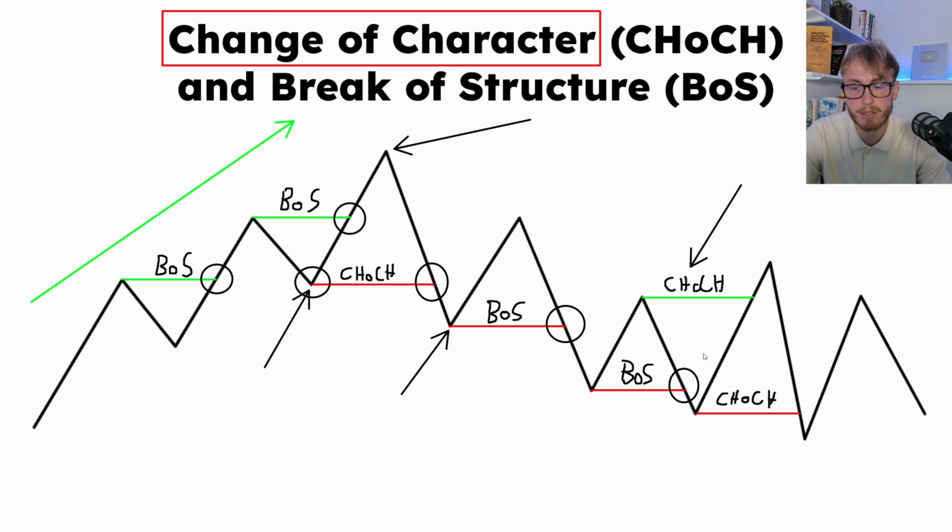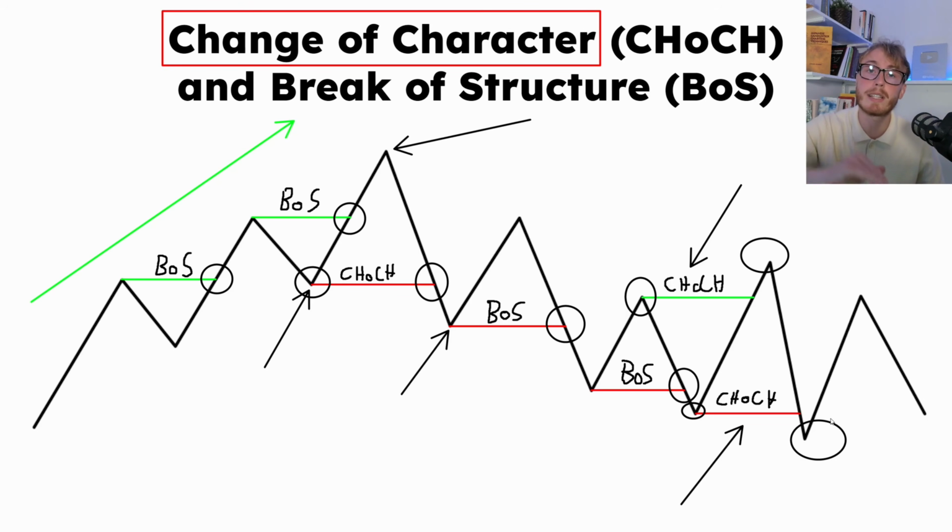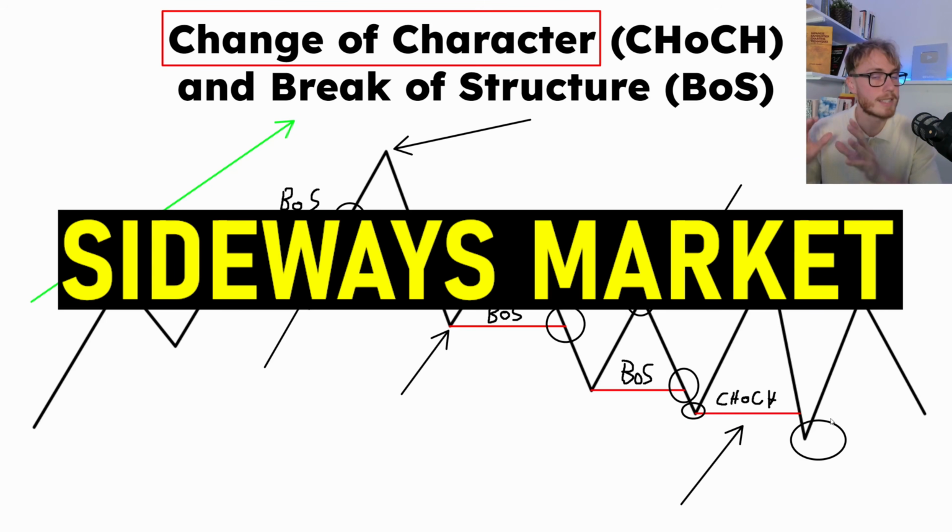And when we see two change of characters happening sort of immediately after each other, you can see here we have both higher highs and lower lows. At this point, we no longer consider the trend to be either in an uptrend or a downtrend anymore. And remember what that market state is called. It's called a sideways market or a trading range.